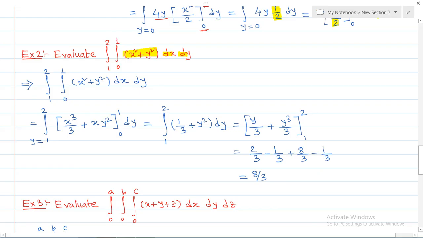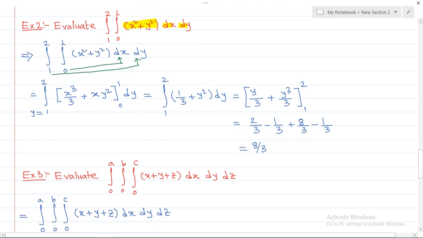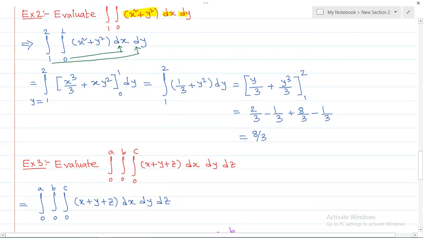Since 0 to 1 is the first integration inside, this should be the limit of the first variable x, and thereafter 1 to 2 is the limit of the outer variable y. So we write accordingly: y ranges from 1 to 2 and x ranges from 0 to 1. Now the integration of x square is x cube by 3.